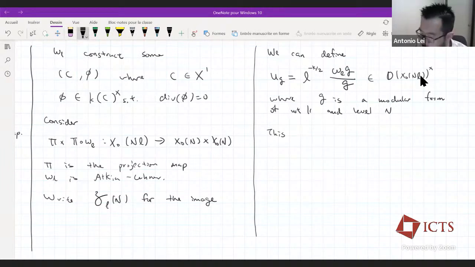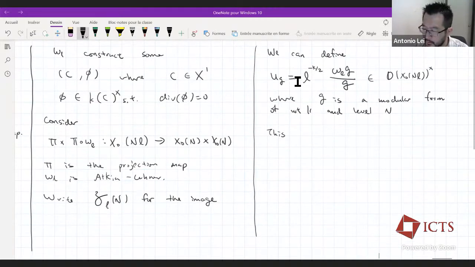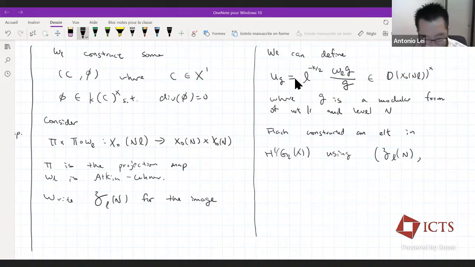What modular form? Here I have to choose a modular form, right? So this g is just any modular form. Flach constructs an element in this H1_G2(X) using this subvariety with the function given by the delta function.